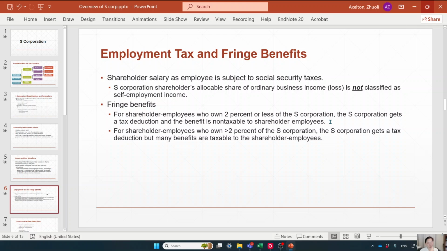In that sense, it is very similar to the C corp. And shareholder employees who own more than 2% of the S corporation get a deduction, but the benefits are taxable to the shareholder employees. So this is similar to the treatment of the flow-through entities.